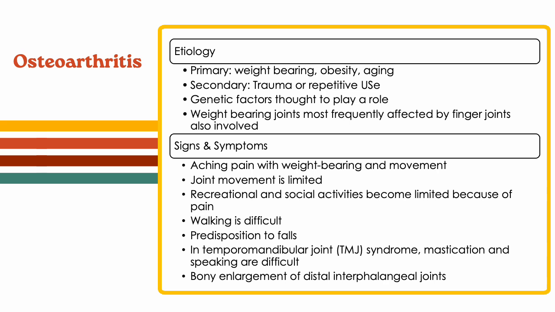You can't do your normal activities, social activities or recreational activities. Walking is difficult. You may be predisposed to falling. You may have TMJ syndrome, which is temporomandibular joint syndrome, where chewing or mastication and speaking are difficult. And you may even see bony enlargement in your joints.